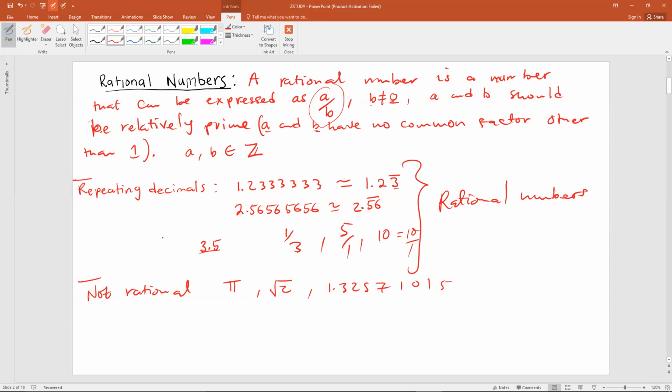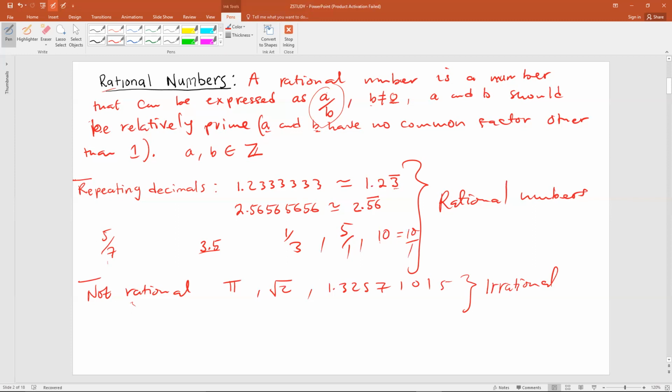Even 5/7 is rational because it has been expressed in simpler form. But numbers like these are not rational numbers. And if a number is not rational, it means that number is irrational.